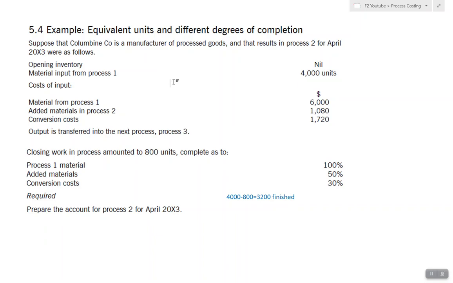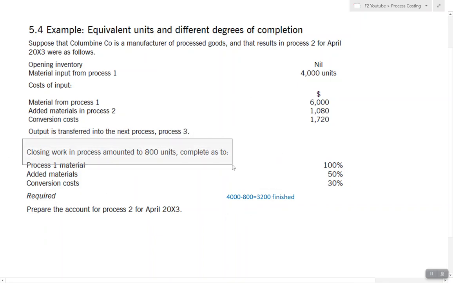Opening inventory, material input from process 2, and then cost of input material added from process 1, added materials, and then conversion cost. So we are calculating process 2. So this is from process 1 coming into process 2. And this is the cost incurred. This is the cost that was incurred in process 1, and then this is the cost incurred here. And then they go into process 3.